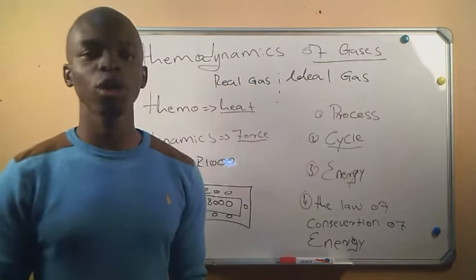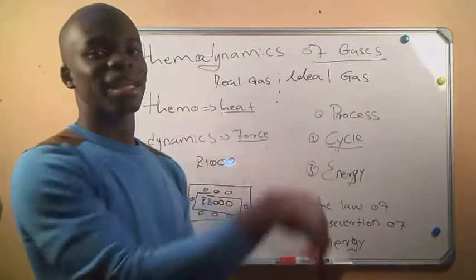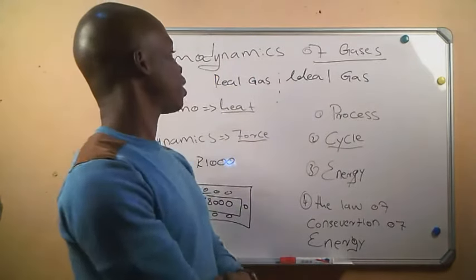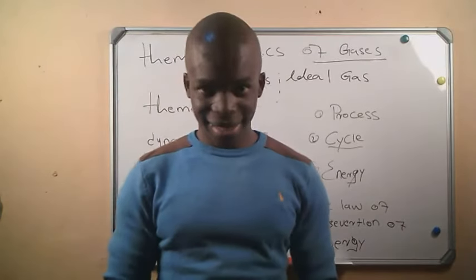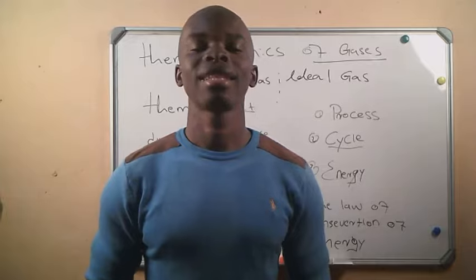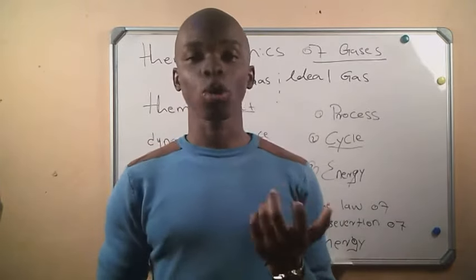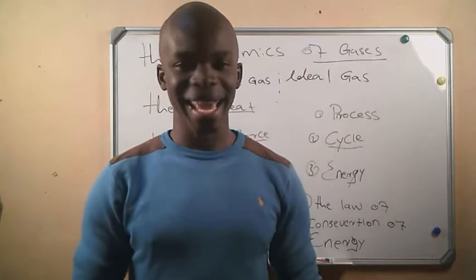We will not go deep into this. The only thing you have to know about these two is that a real gas doesn't obey gas laws under all conditions of temperature and pressure.